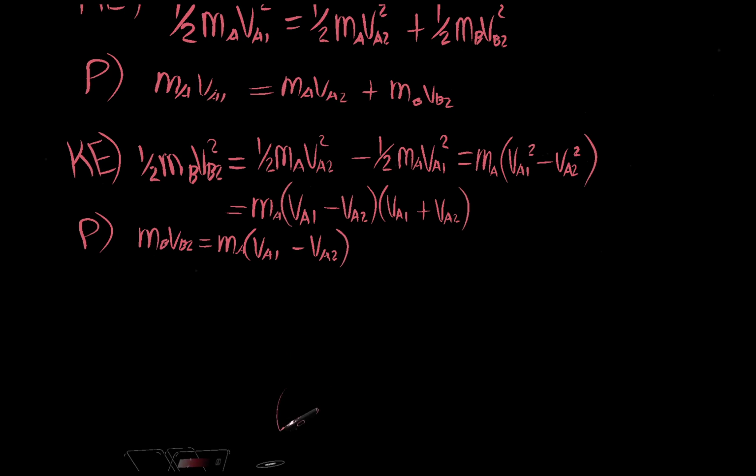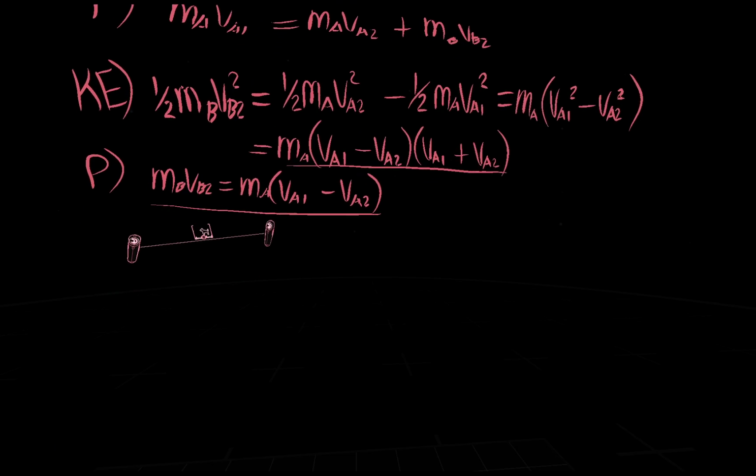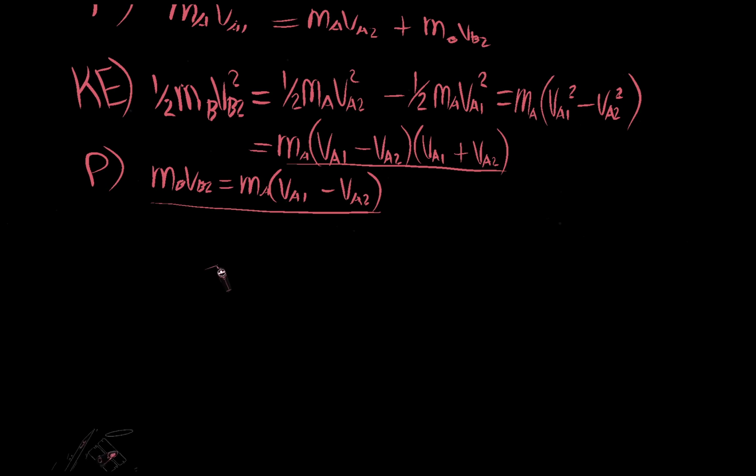So now we're going to divide the momentum equation into the kinetic energy equation. Right? We can divide one equation into the other. And what you get is this: VB2 is equal to VA1 plus VA2.